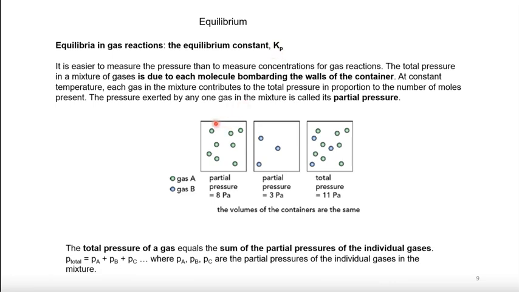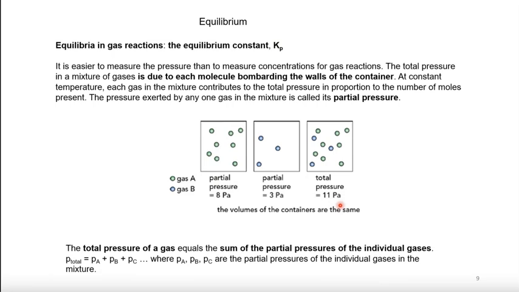Okay, you see, we have 3 boxes here. We have gas A here, and gas B there. The partial pressure of gas A, let's say, is 8 Pascal, and 3 Pascal for gas B. The total pressure, gas A plus gas B, is 11 Pascal.